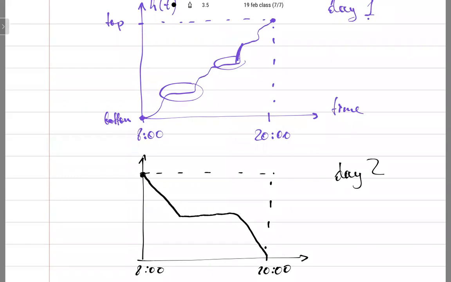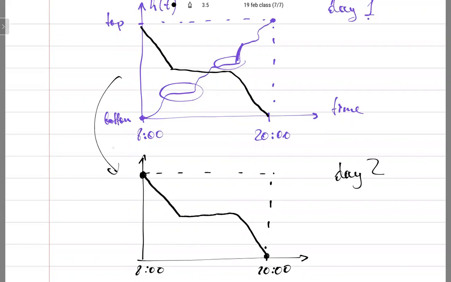But my point is that he starts at the top of the mountain and he finishes at the bottom of the mountain. But if I superimpose these two plots, then I will have something like that.